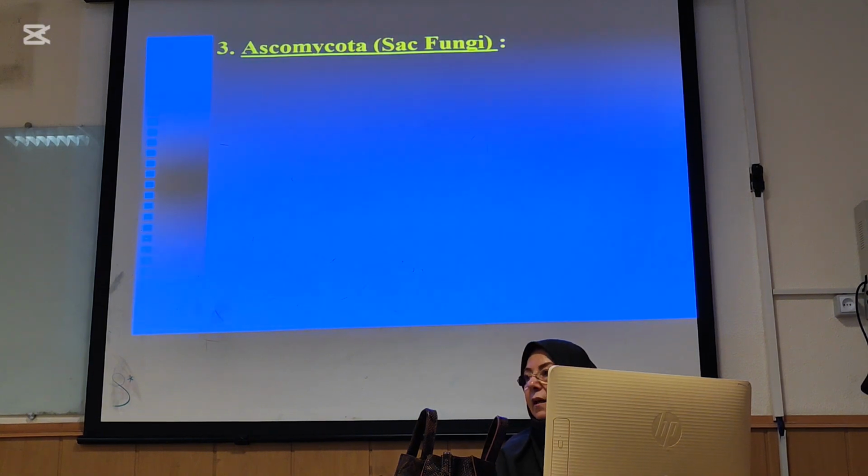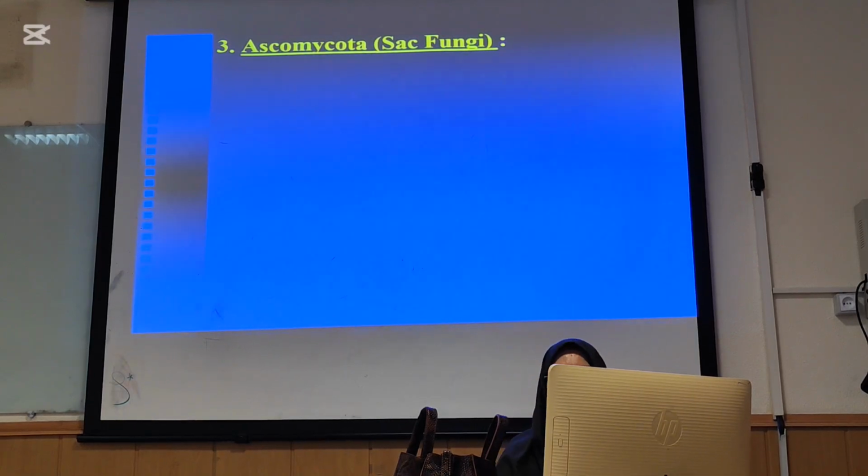In the third group of this classification, we have Ascomycota. Ascomycota means a group of fungi that can make a sac or a bag. A sac or a bag in which sexual spores are located, named ascospores.